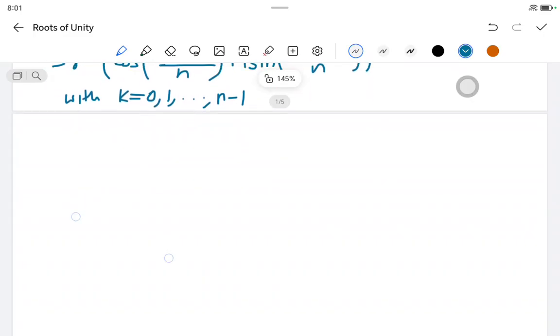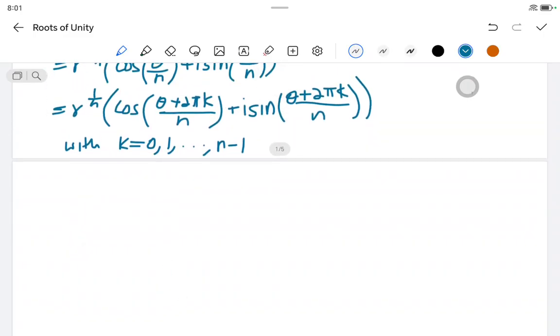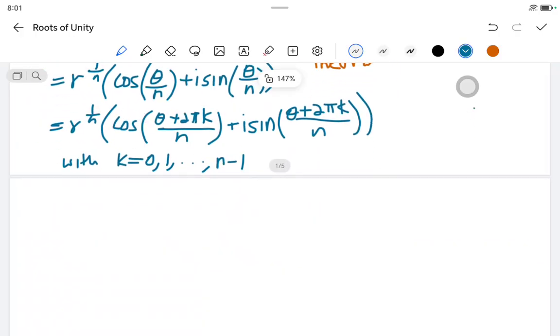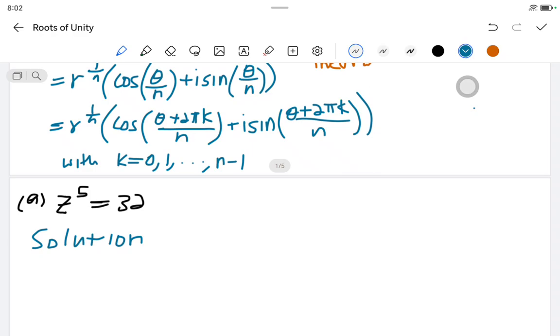Now, since we know how to find the formula, we can come here and look at the question that we're given. They say we need to find z to the 5 equals 32. If you want to find this, you have to say z to the 5 equals 32, and we write this in complex number form.